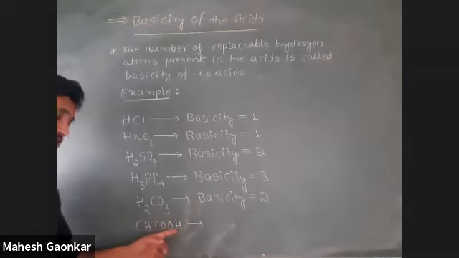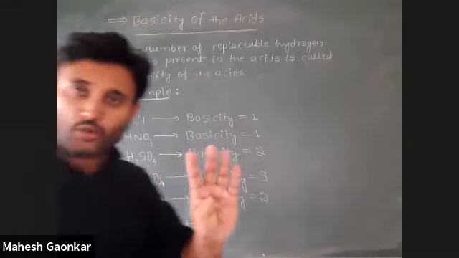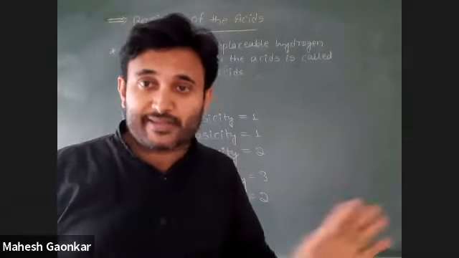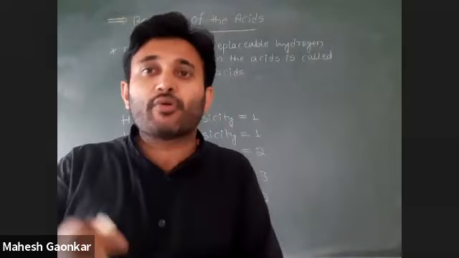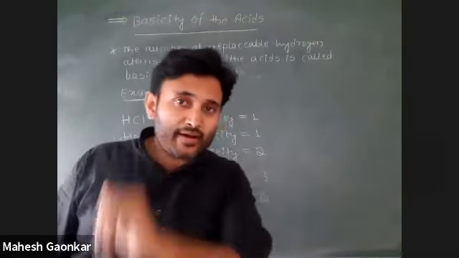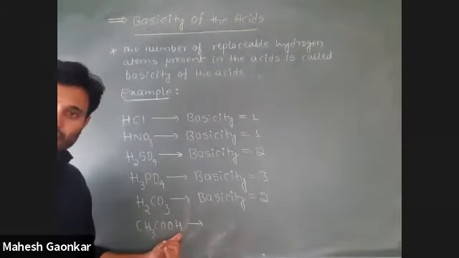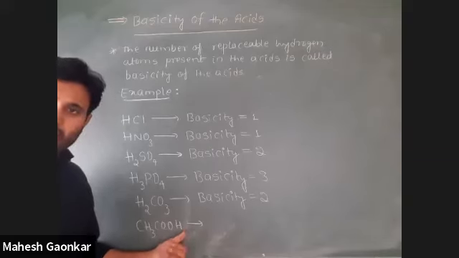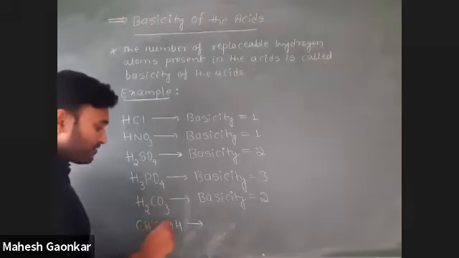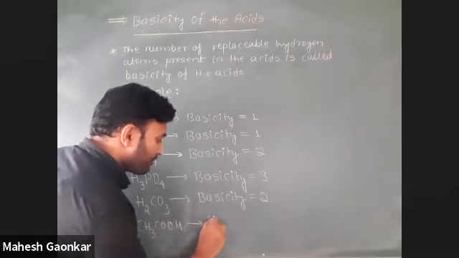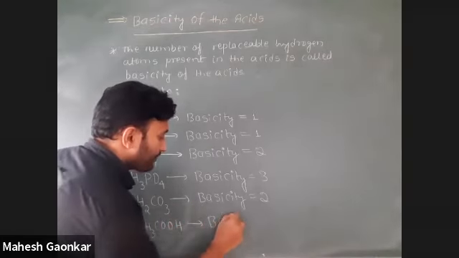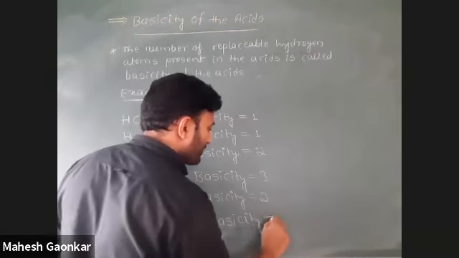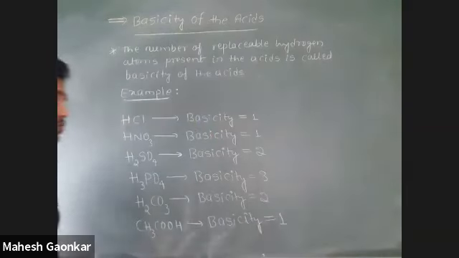Remember, in CH3COOH there are 4 hydrogen atoms, but all 4 are not replaceable. Only one hydrogen atom can be replaced, the one present at the last. Therefore, its basicity equals 1.